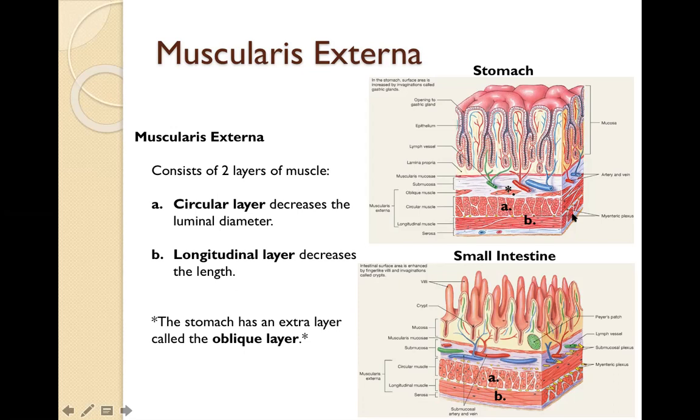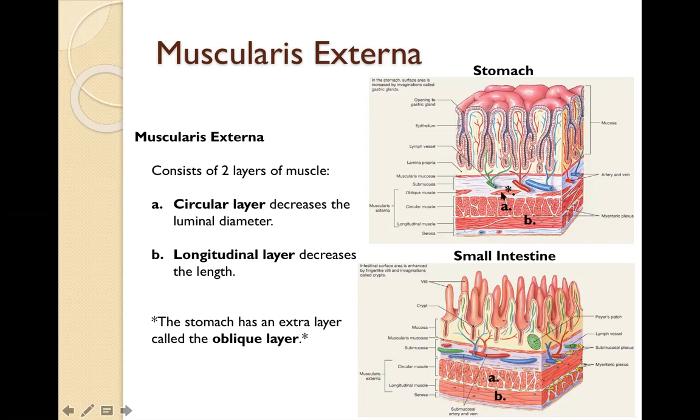And when those muscle fibers contract, you can imagine that the actual length of the stomach would shorten. And so those processes happening together would help for the decreased lumen, decreased length, back and forth and back and forth. And that allows for the churning function of the stomach. So it kind of churns the food.